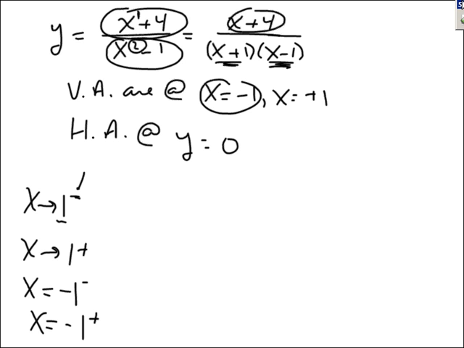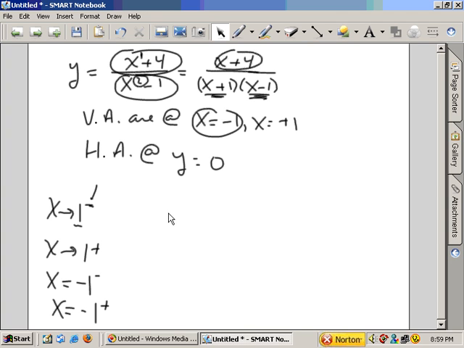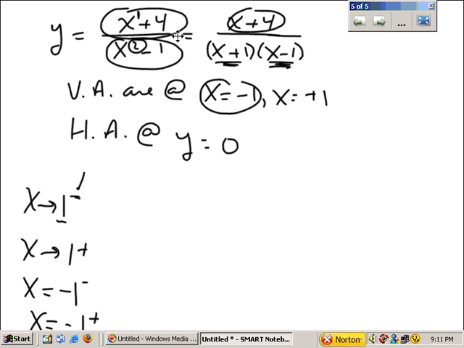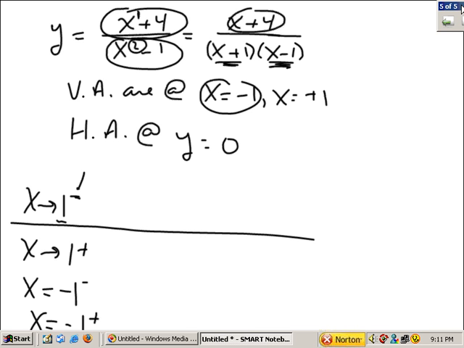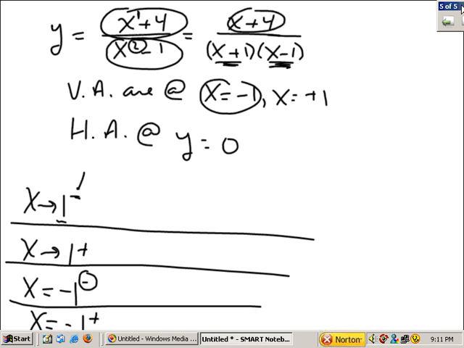We want to find out what the y value is. Okay, so we need to find the y values when x is a little bit less than 1, a little bit more than 1, a little less than negative 1, and a little bit more than negative 1.